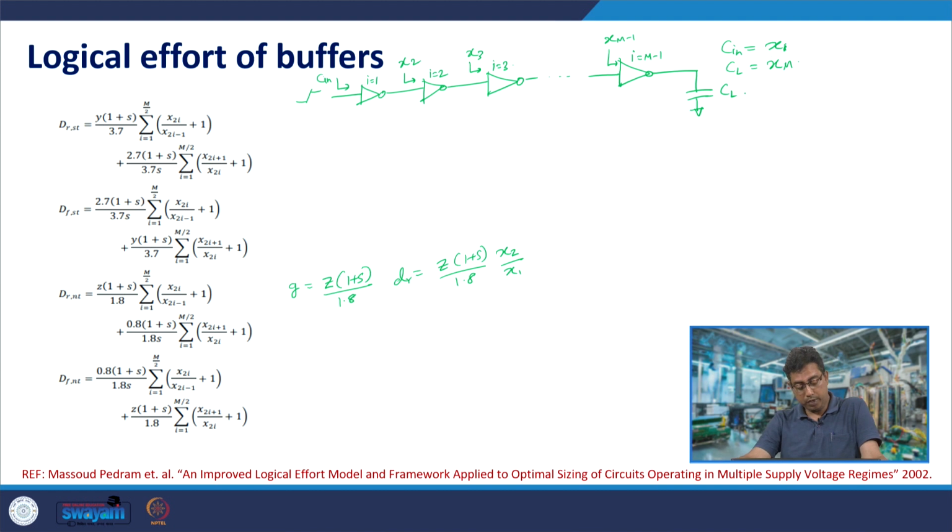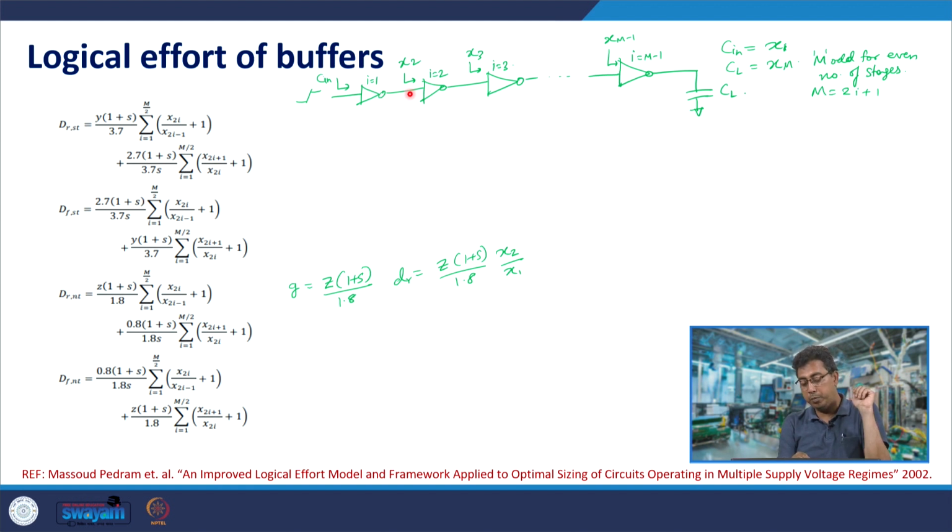Suppose you have an even number of stages, then you can write m as 2i plus 1. Now we have estimated the input rise delay of the first stage, and the first stage is seeing a rise delay. So here you will have input rise delay, output fall delay.